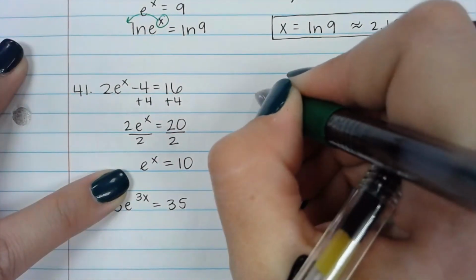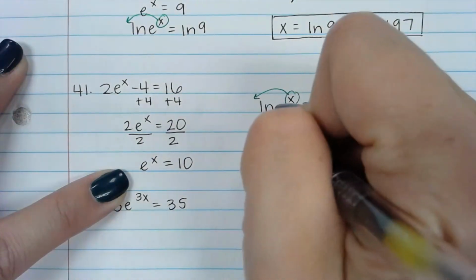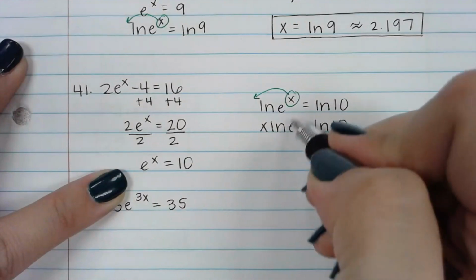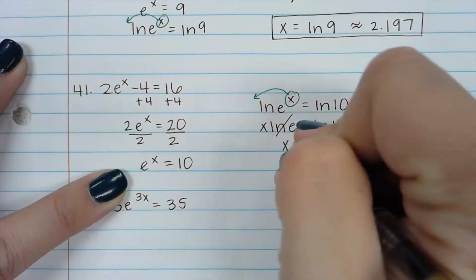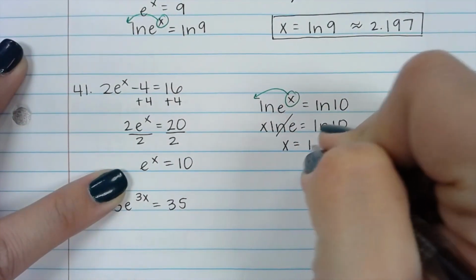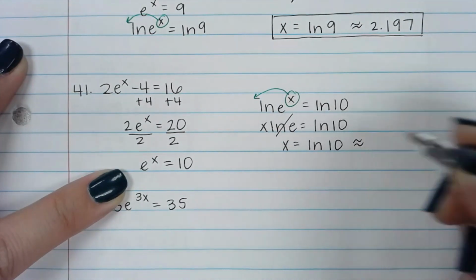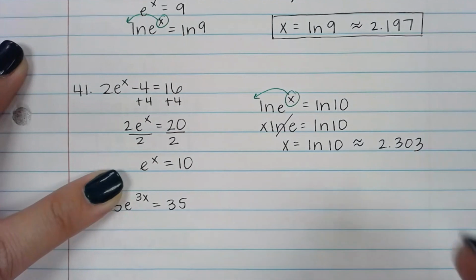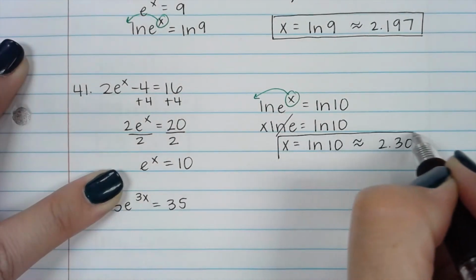I'll use the power property to flip that x out front so it turns into x ln e is equal to ln 10. And then remember that ln e is always equal to 1. So x will be equal to ln 10, which written out to a decimal would be 2.303 rounded to 3 decimal places.